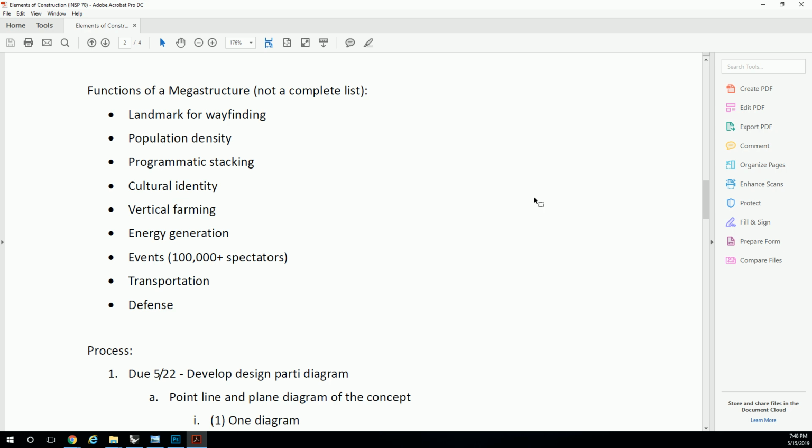Others are things like energy generation, where you can use these futuristic structures to harness energies in ways that are not yet possible, right? But can be fun to explore academically. And then events or transportation hubs, and even something like defense of space or defensible space. So that's the general ideas of these megastructures that I want to be floating around in your head as you're starting to develop a concept.